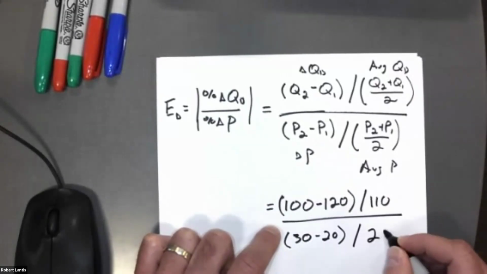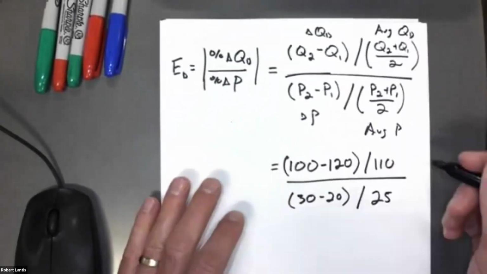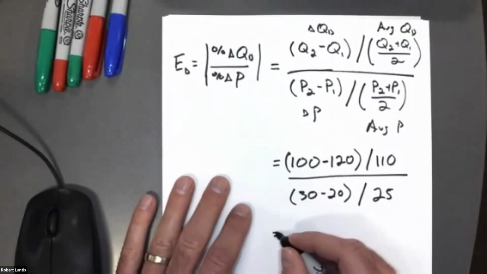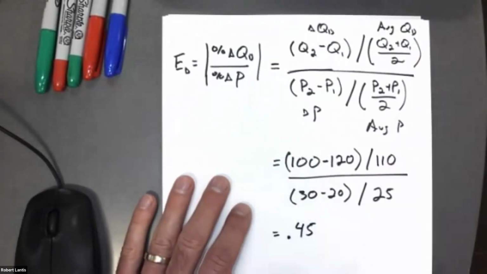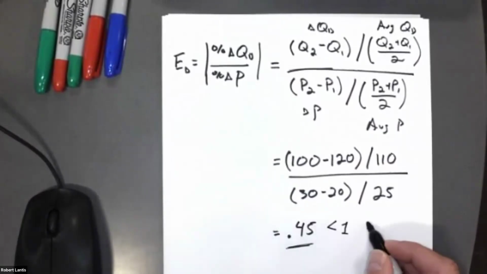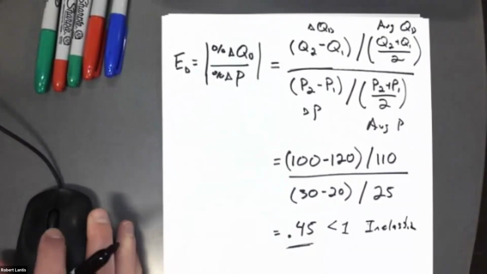The average of those two would be 25. Now you can plug all those numbers in. I'm just shorthanding this for the sake of time. If I work this out, I think I end up getting 0.45. So once again, we have another example where, since this is less than 1, we would say that demand for gym memberships is inelastic.